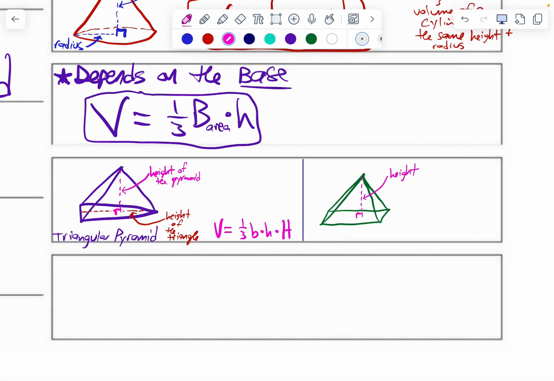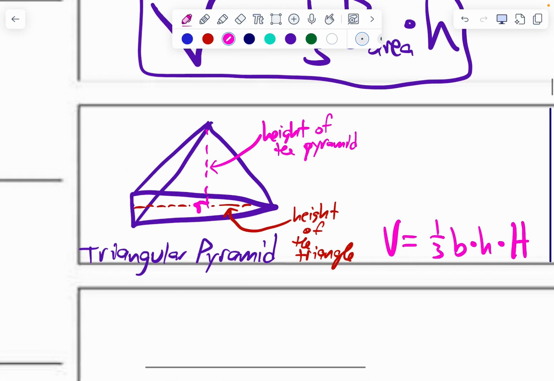Obviously the height, I wrote that, but what else do we need to know? Base area, so what dimensions do we need for that? Yeah, like the length and the width, right? By the way, back on the triangular pyramid picture, over here we need to call this the base of the triangle.